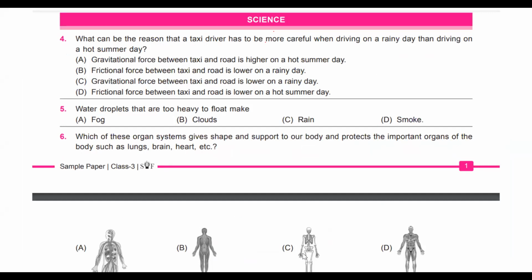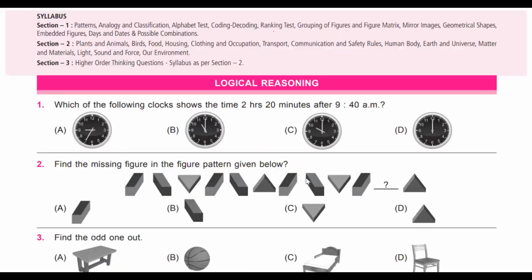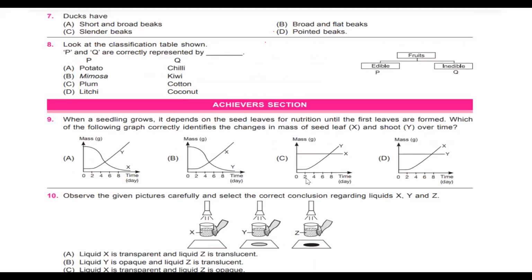Shadow will fall, so it will become black. So the answer is liquid X is transparent because the cardboard is all white, and liquid Z is opaque because over there the cardboard is black. Got the answer? One minute is left.